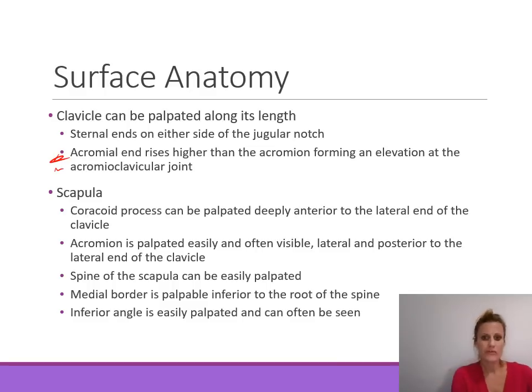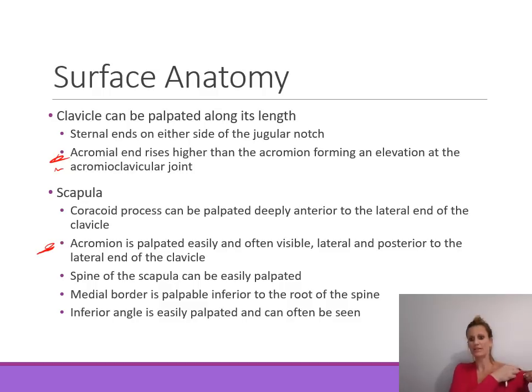So the acromion, first off, we just found, if you just trace the clavicle, right, all the way back, again, you'll feel a slight ridge, right, where it elevates or goes up. That's the very end of the clavicle. And then you drop back down, and that's the acromion.